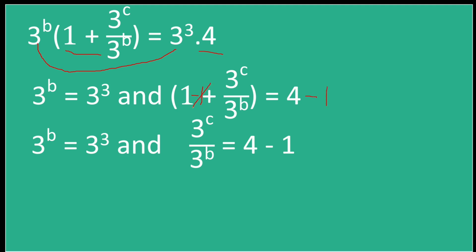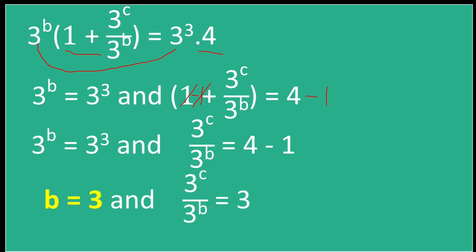So this will cancel this 1, and then we will have 3^c divided by 3^b, which is equal to 4 minus 1, and 4 minus 1 equals 3. As the bases are the same, b equals 3. So b equals 3, and 3^c divided by 3^b equals 3.